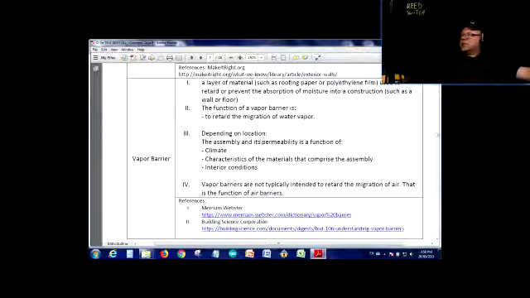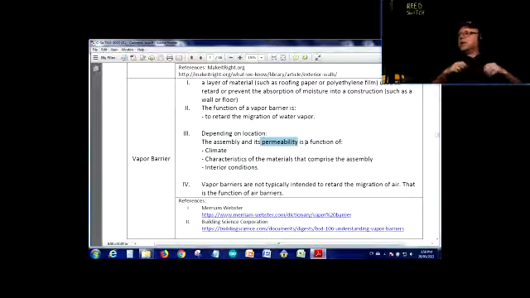Now, here's the word permeability. I'm pretty sure you studied that word when you studied magnetism. As a reminder, what is permeability in magnetism? Permeability is the measure of how easy or hard the material can be magnetized.